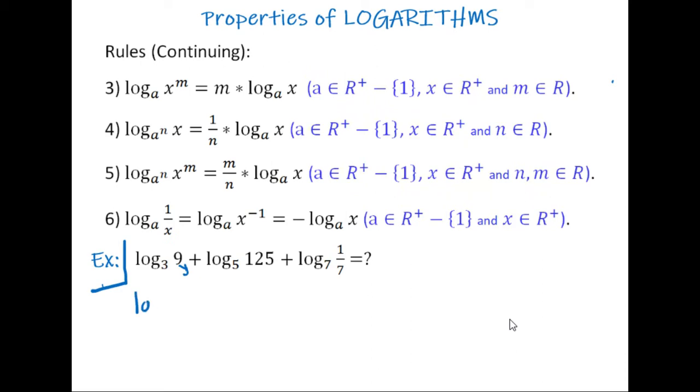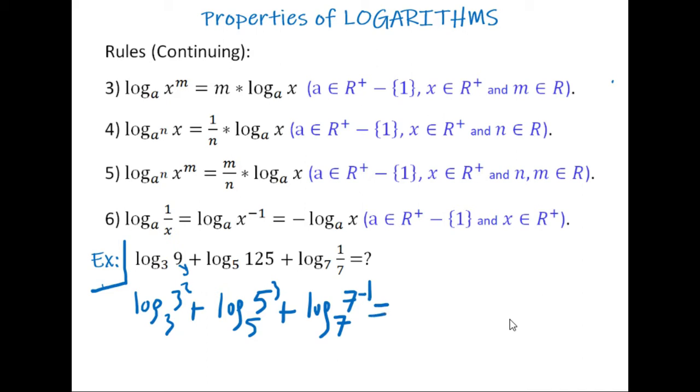So let me write it here. Logarithm of 9, which is 3 to the power of 2, in base 3, plus logarithm of 125, which is 5 to the power of 3, in base 5, plus logarithm of 1 divided by 7, which is 7 to the power of negative 1, where the base is 7.